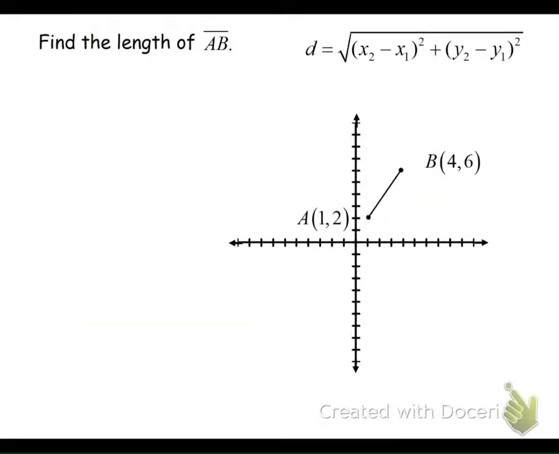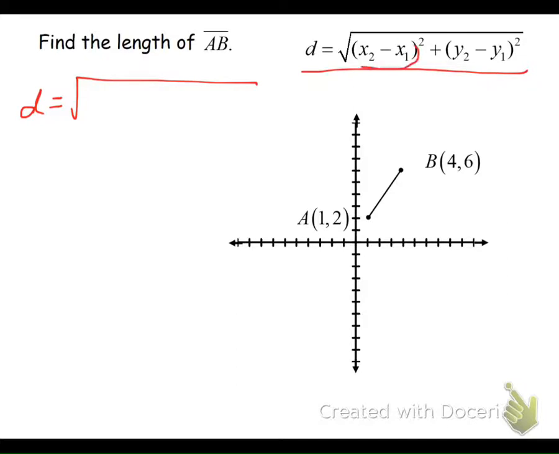Okay, now I'm going to do the same problem using the distance formula, and you're going to see that the distance formula actually is the Pythagorean theorem. So using the distance formula, this is the distance formula right here, it says the distance from A to B will be the square root of.